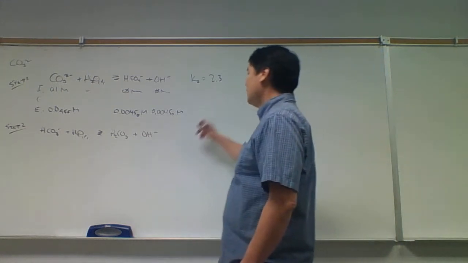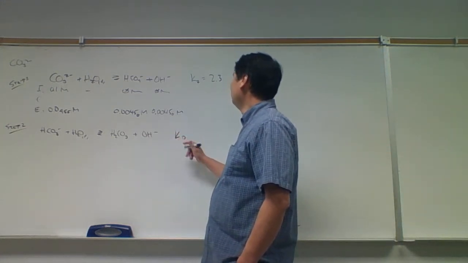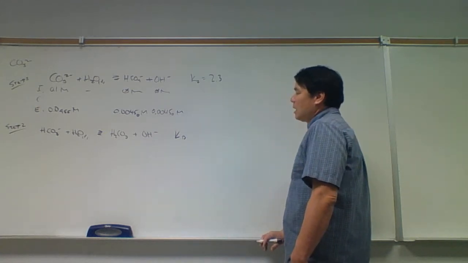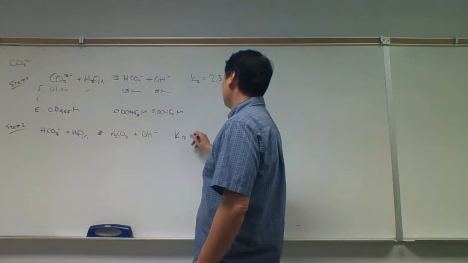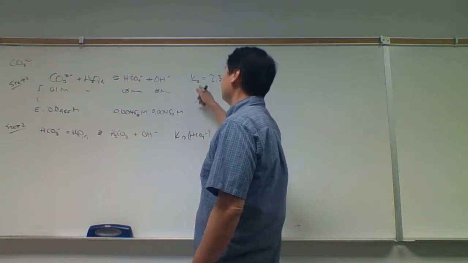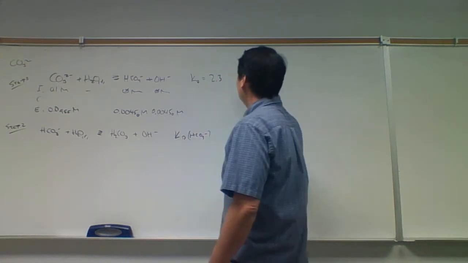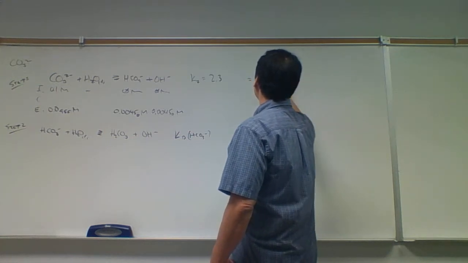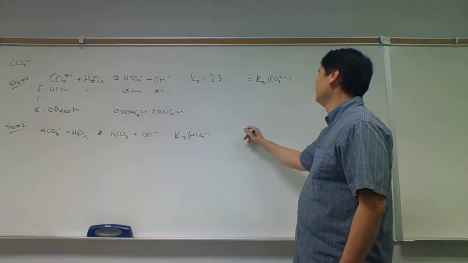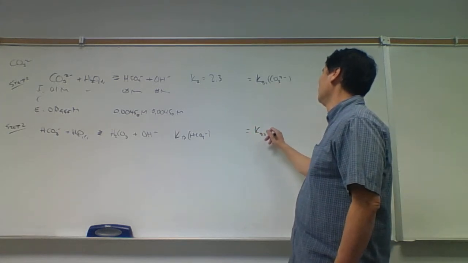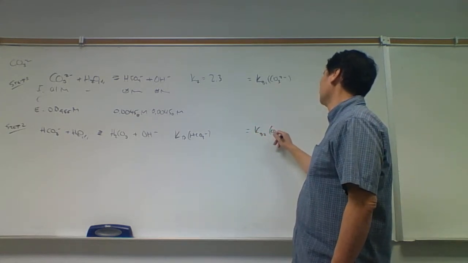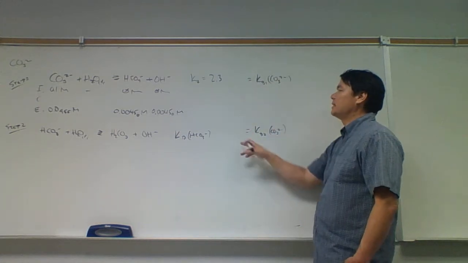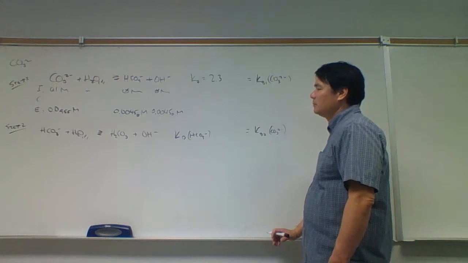Well, it's kind of small. Then over here we go to the next one. This is going to have a Kb as well. This is going to be the Kb for bicarbonate. This was the Kb for carbonate here. The Kb for carbonate is what we call Kb1 for carbonate. Then the Kb for bicarbonate would be equal to Kb2 for carbonate. This is the second step, being a dibasic base.